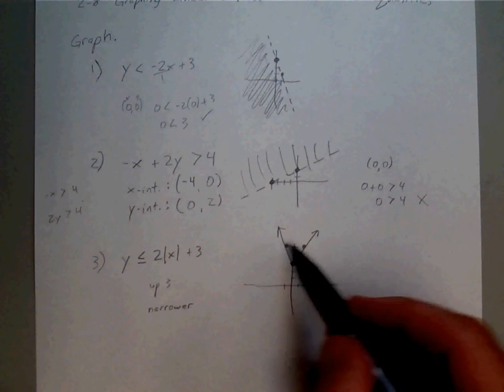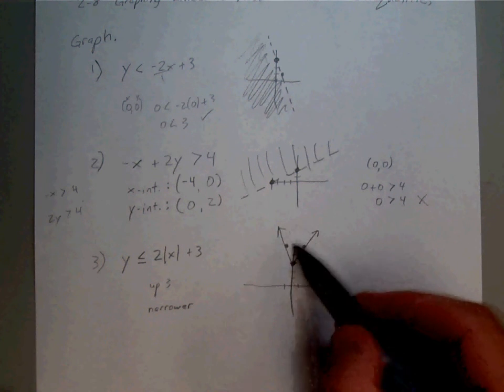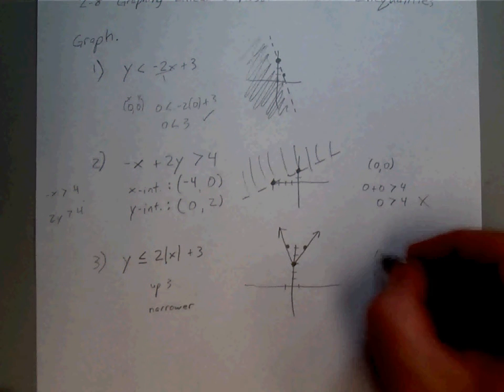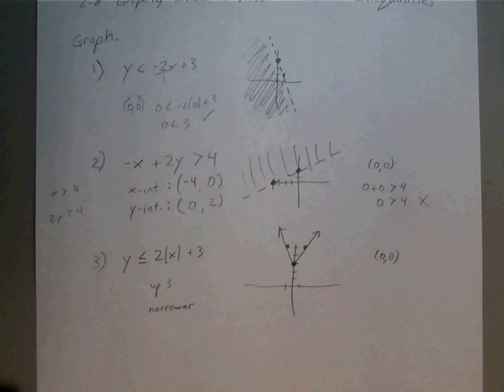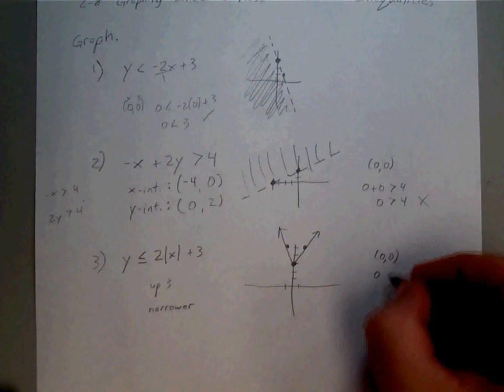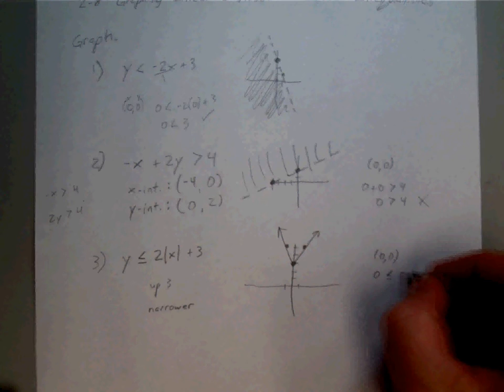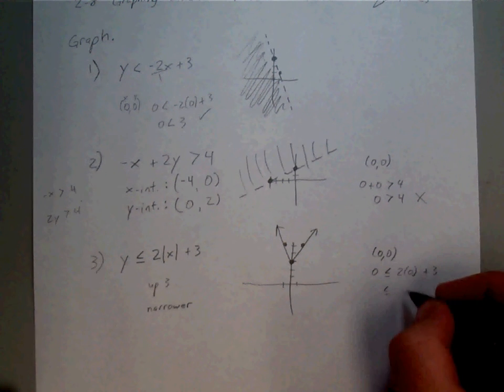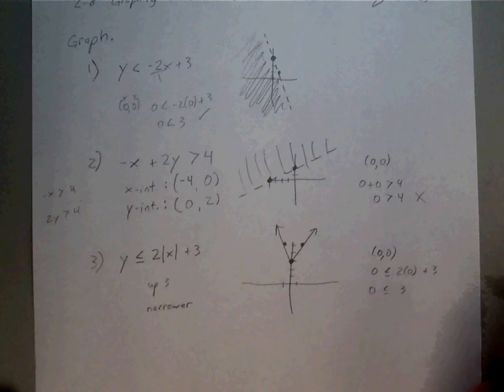Test a point. Either we're going to be shading inside of the V or everything outside of the V. It's going to be one of the two. So I'm going to try 0, 0. So 0, 0 is outside of the V. Plug it in. I get 0 is less than or equal to 2 times the absolute value of 0, plus 3. So on the right side, I just get 3. 0 is less than or equal to 3.